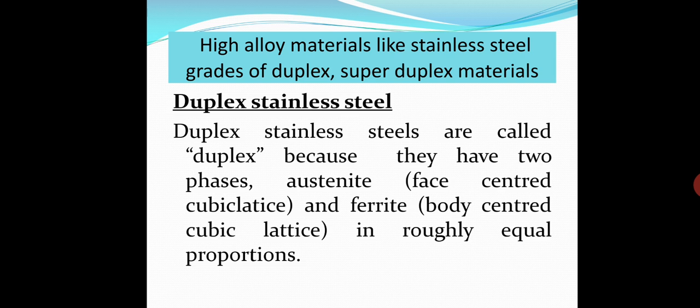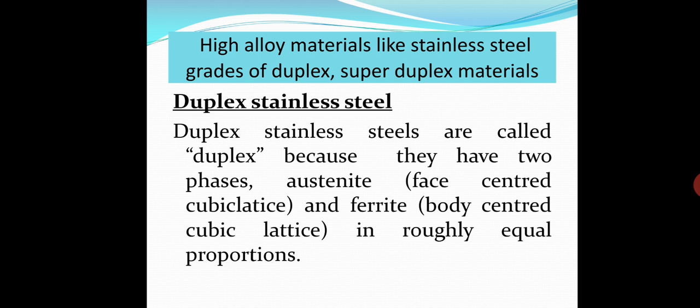One is high alloy materials like stainless steel grades of duplex and super duplex materials. So what is this? Duplex stainless steel. Duplex stainless steels are called duplex because they have two phases. One is austenite phase and the other is ferrite phase.